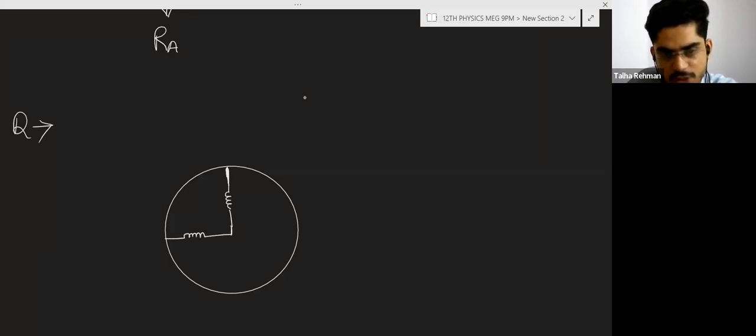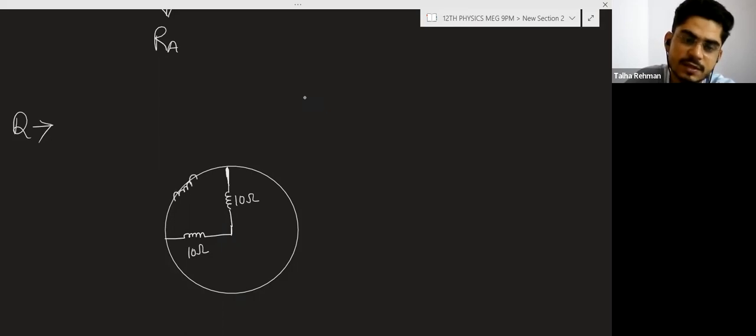See Hamza, there was a circular wire and another wire is connected like this with a resistance of 10 ohm, and this also a resistance of 10 ohm. Resistance is represented like this.